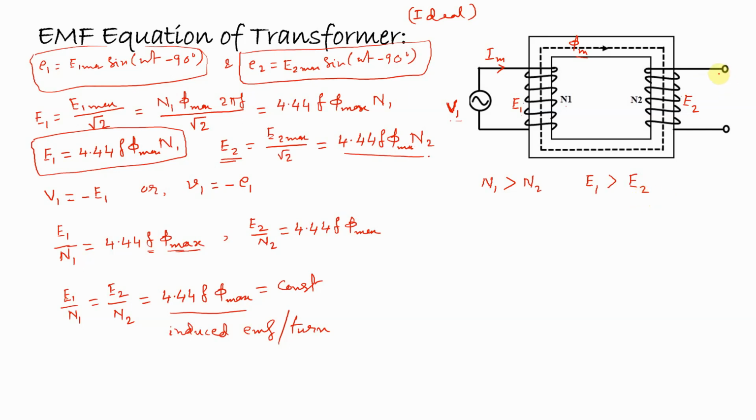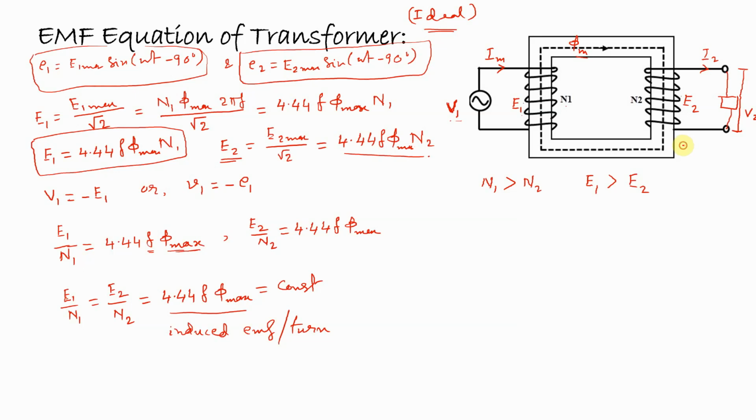Now remember, it is an ideal transformer. So if we connect a load here, there will be a voltage across the load, it is considered as V2, and the current flowing here will be I2. As it is ideal, therefore there will be no losses in the secondary side also.